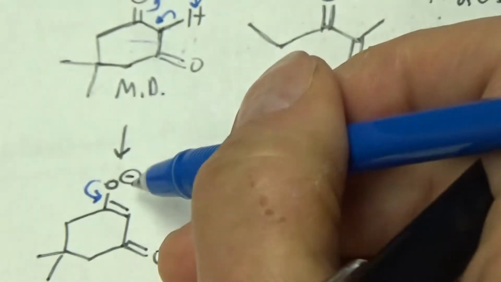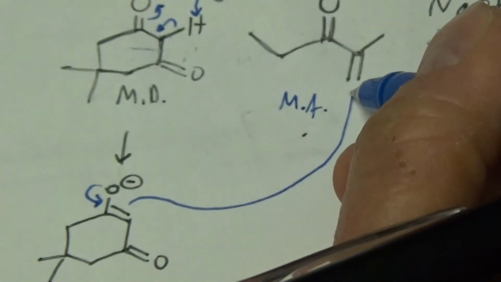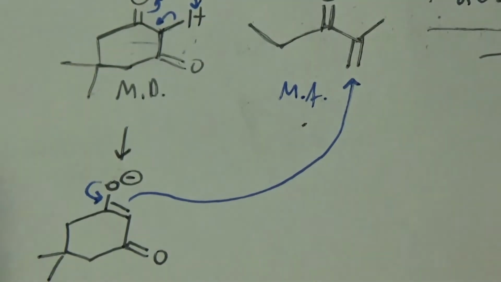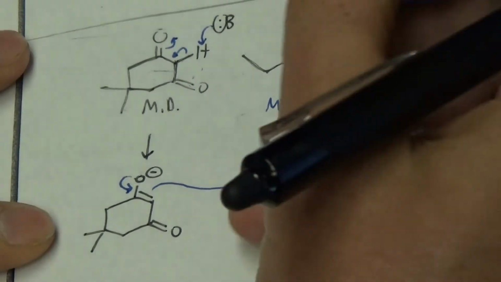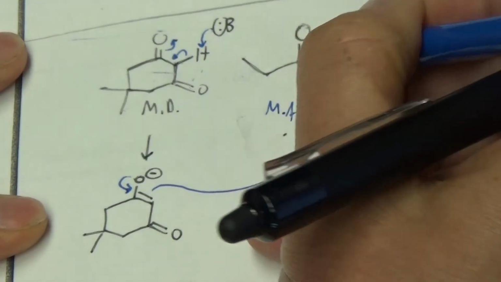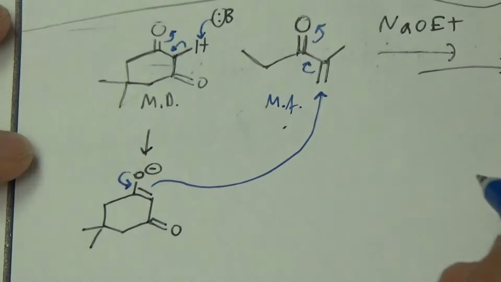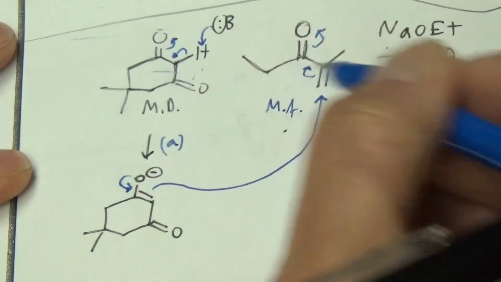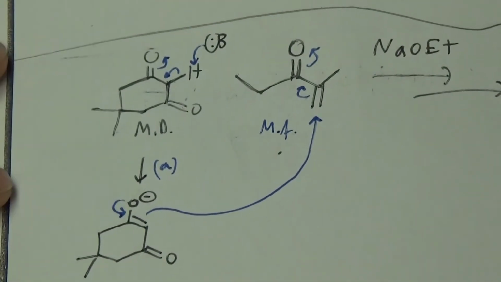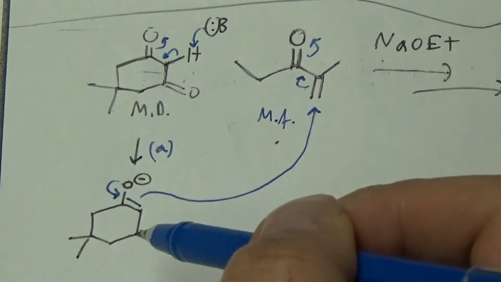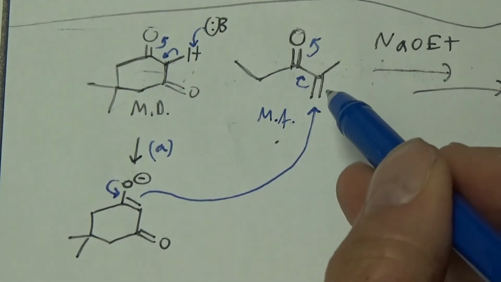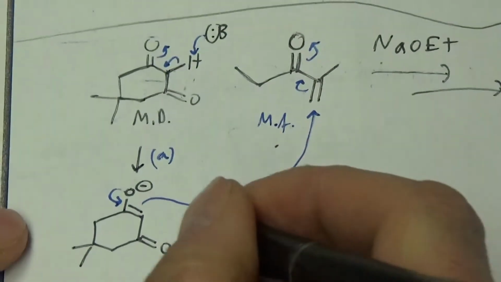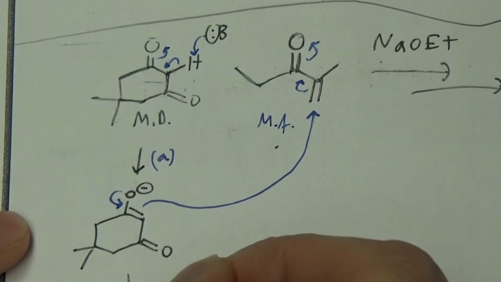And then this double bond goes and attacks that double bond to make a new enolate. Okay, this is all step A. Make an enolate and have the Michael donor attack the Michael acceptor. This is technically step A also.